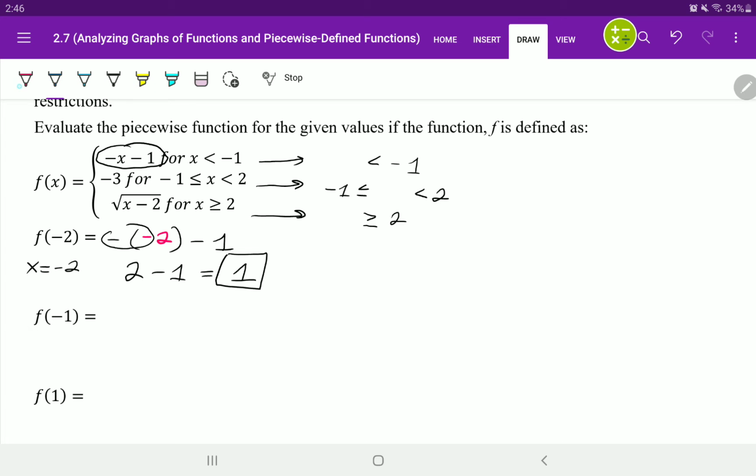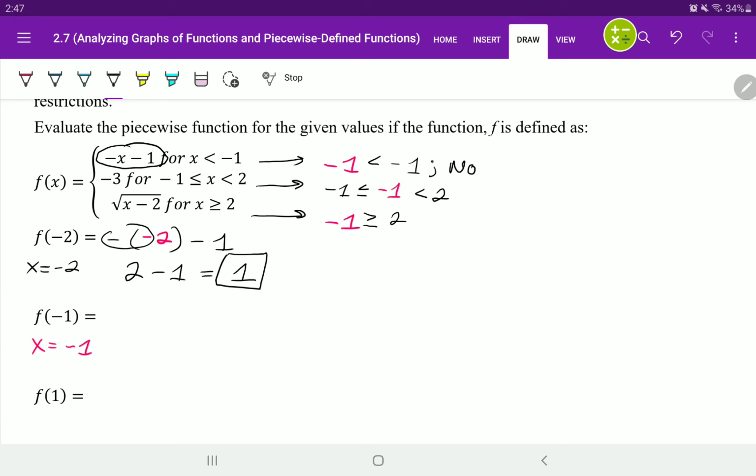For the second one, x is equal to negative 1. We're going to see which one works the best. So we're going to plug in negative 1 for x according to my restrictions. Now, is negative 1 less than negative 1?